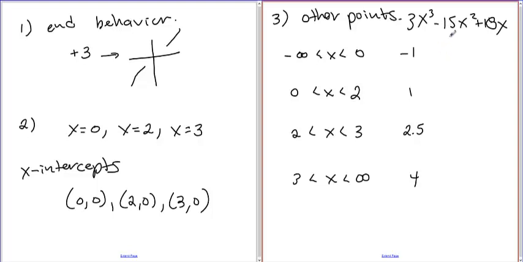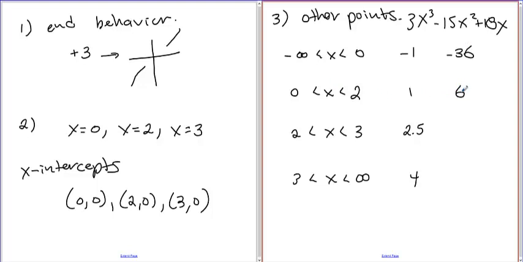So the value of this function here is negative 36. If I plug in positive 1, I'll get 6.